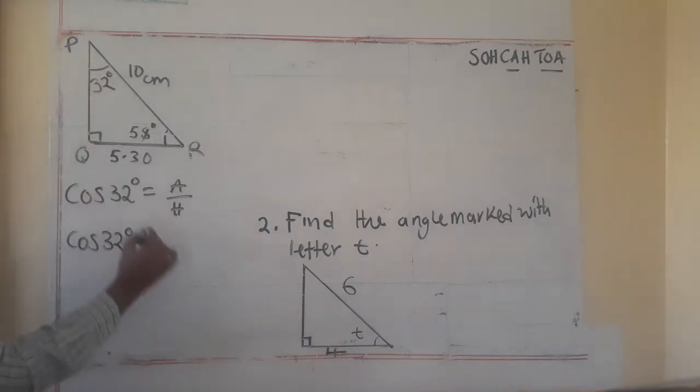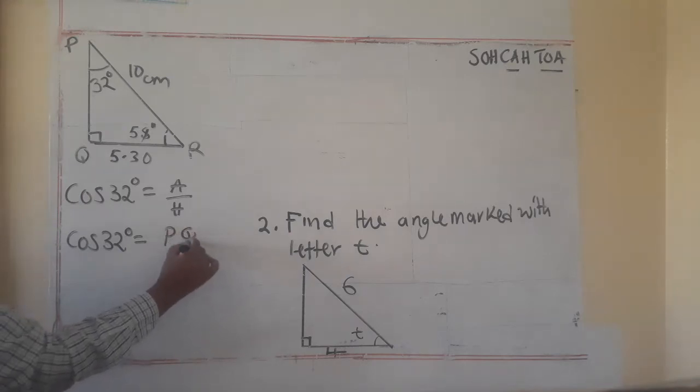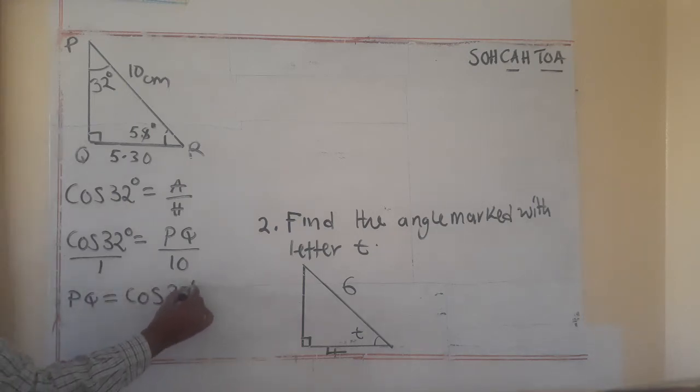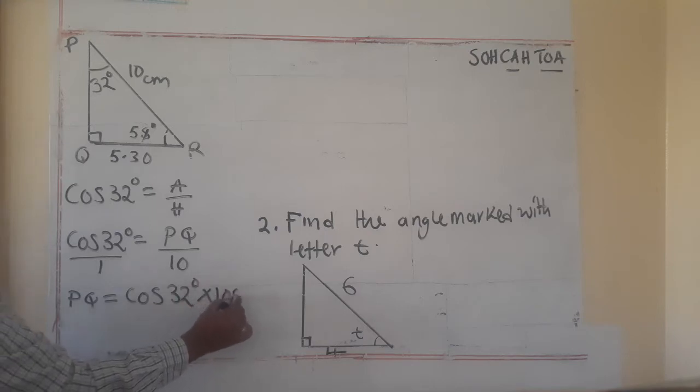It's the one we want to find, PQ, divided by our hypotenuse, which is 10. When you multiply here, you've got PQ. So PQ is cos 32 degrees multiplied by 10 centimeters.